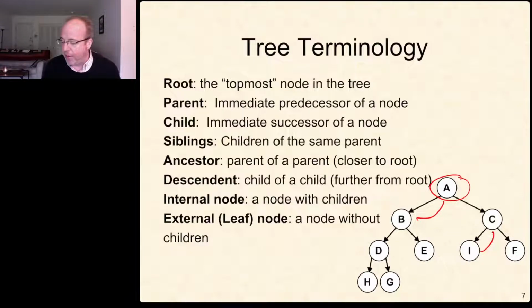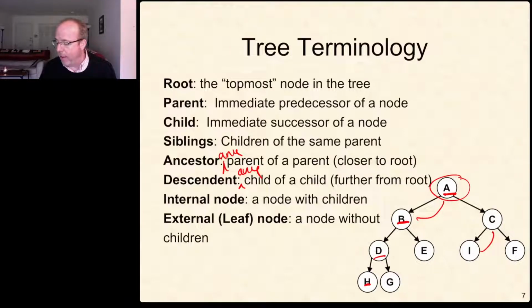An ancestor is any parent of a parent. So H's ancestors are D, its parent, B, its grandparent, and A, its great-grandparent. Likewise, a descendant is any child of a child, or any child.